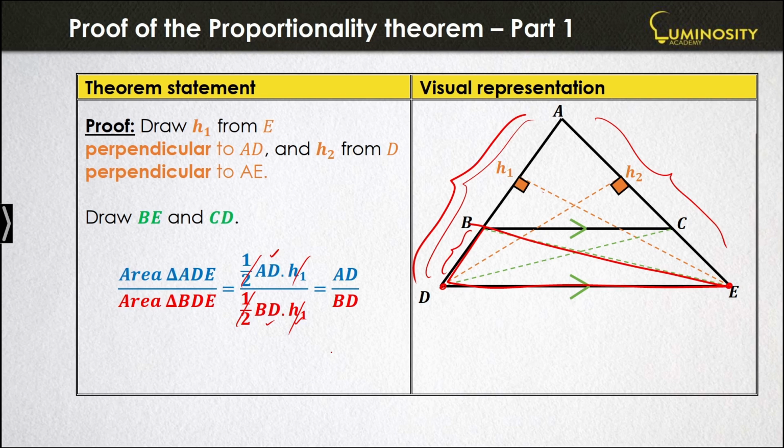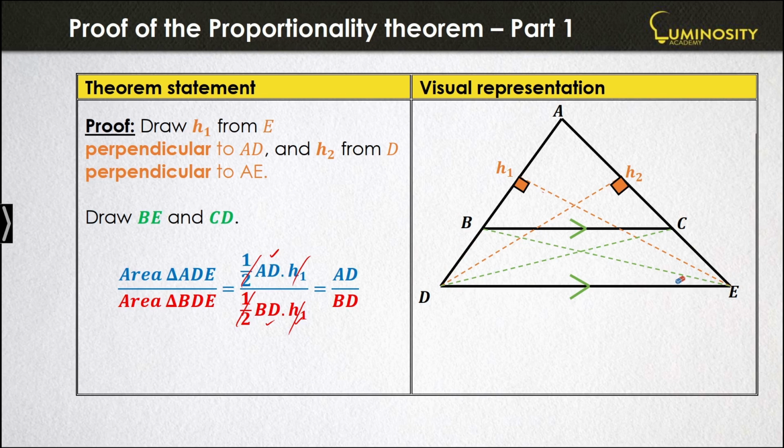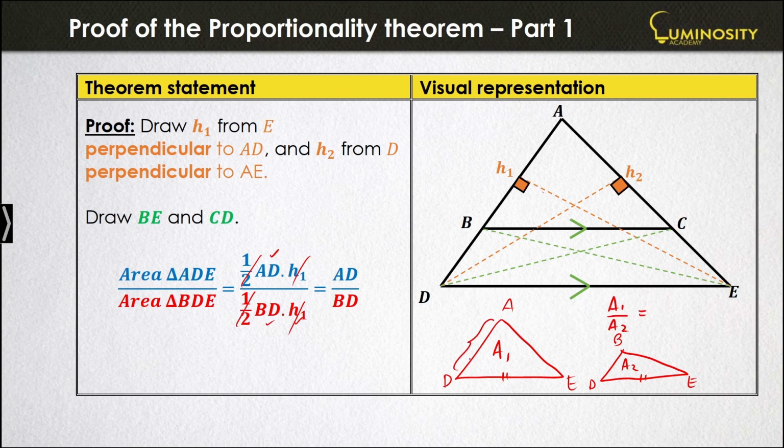So essentially what we've shown in this first part is that if you consider the areas of the big triangle ADE and the smaller triangle BDE, you can see that DE is a common side length that's shared. But what we've shown is that the area of this one, if we call it A1, and the area of this one A2, the ratio of those areas is essentially just this larger base AD divided by the smaller base BD. That's what we've shown.